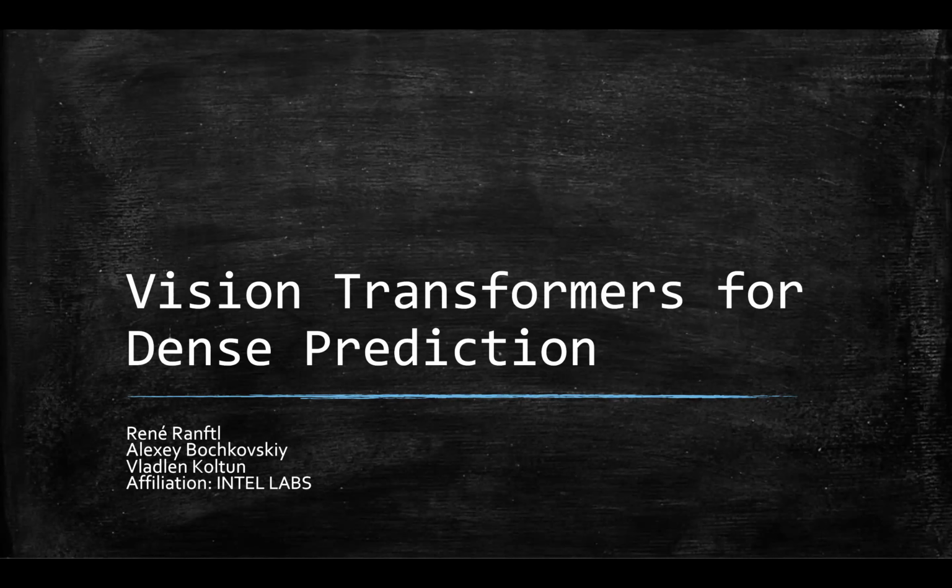This involves transforming the ViT bag-of-words output into image-like features at various scales. These features are then progressively fused into the final dense predictions through a convolutional decoder.